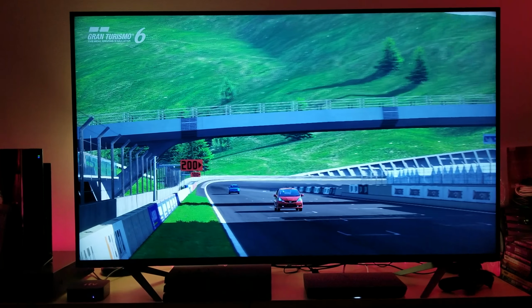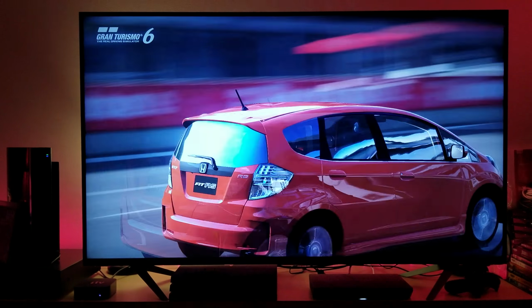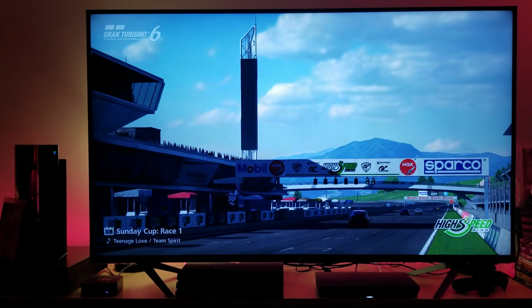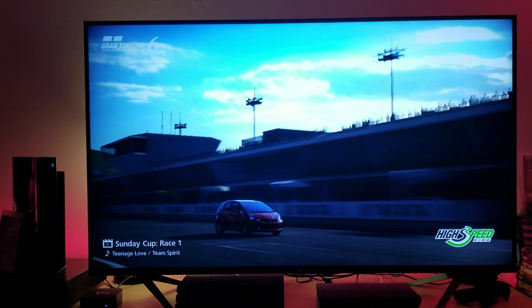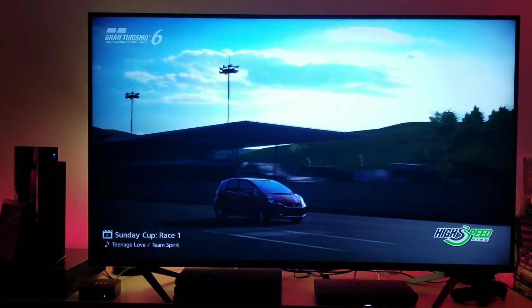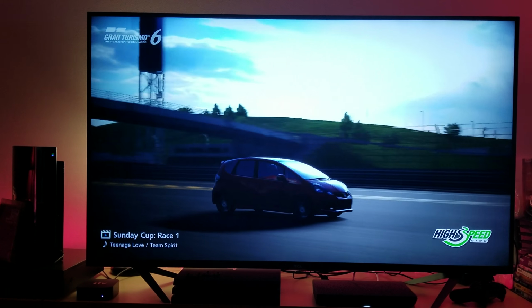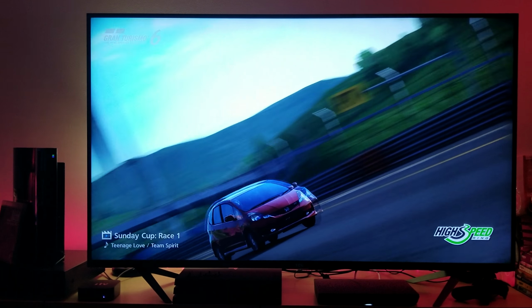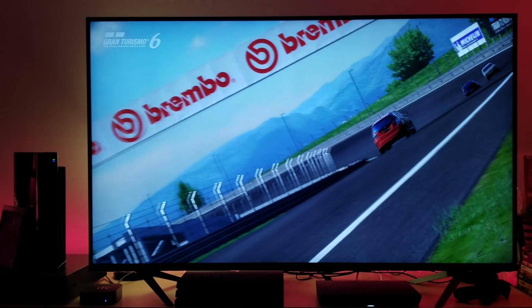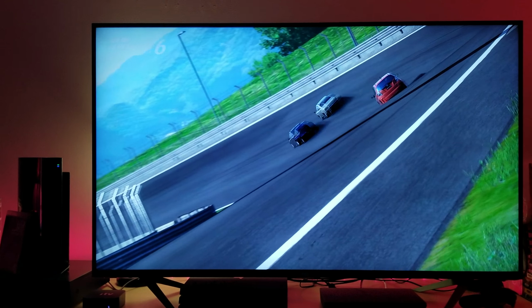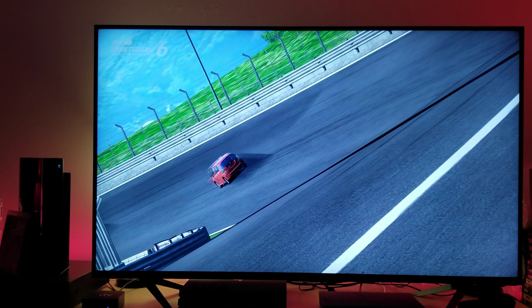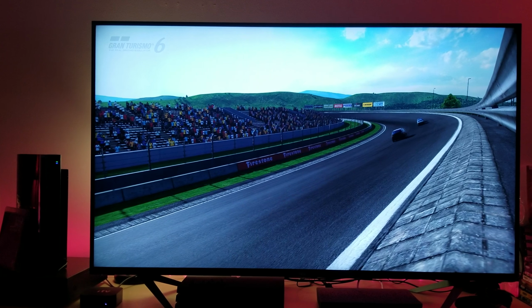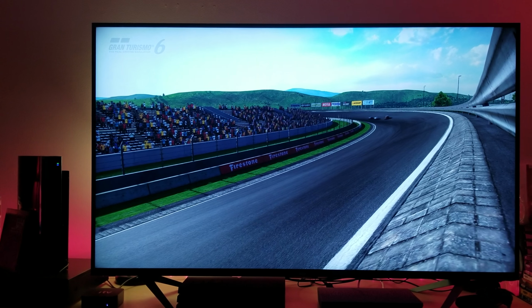But even after all these years since 2012, just look how beautiful it looks. Sure, there's no question that they squeezed as much power as they could from PlayStation 3 with a 1080p to get the best possible graphical enhancements here, and it definitely shows.